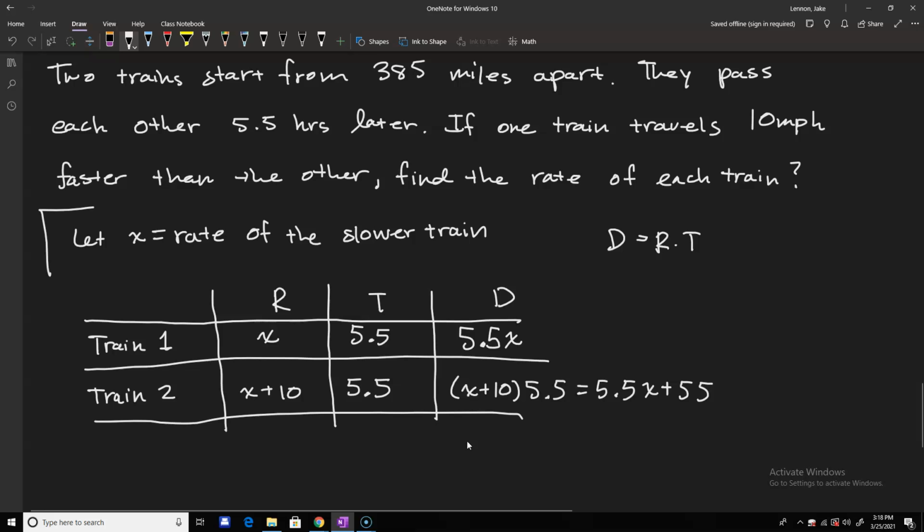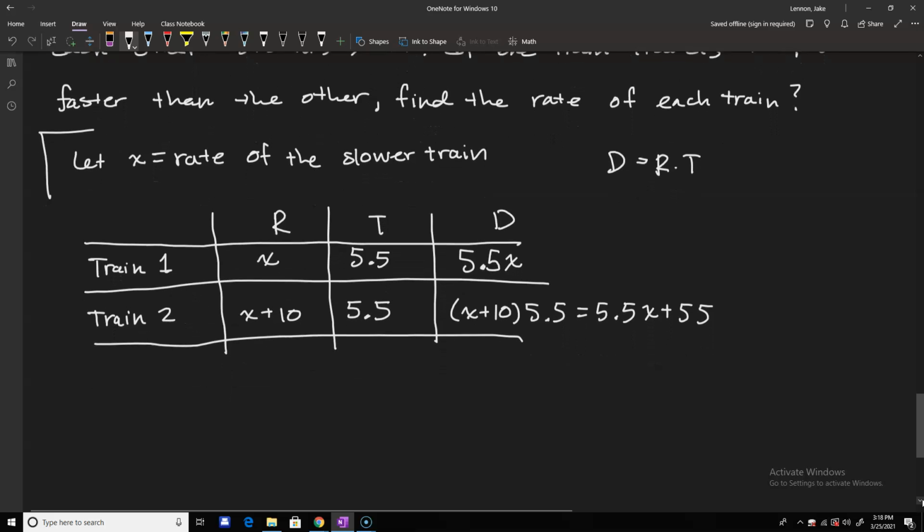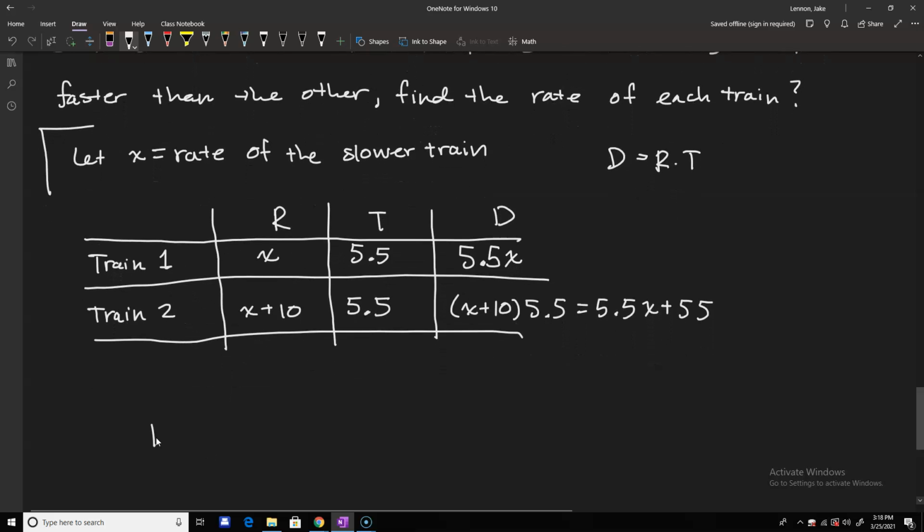So if you add the two distances together that they travel, you should get 385 total miles, right? Because they start from 385 miles apart. Yeah, and then, I don't know, we could use different colors here. We could say train 1, it was traveling a bit slower.